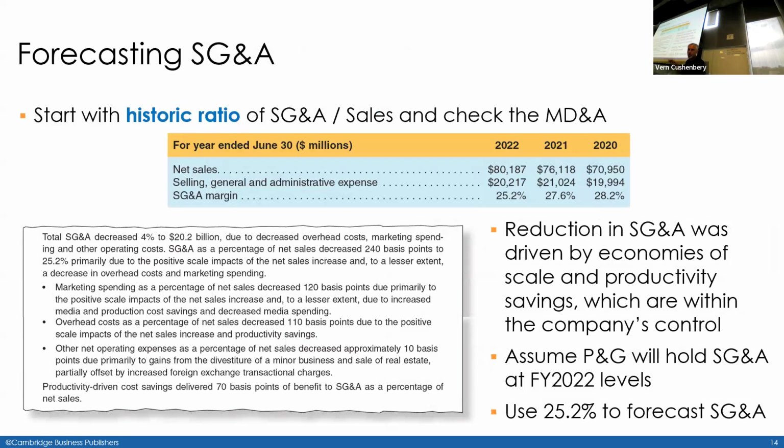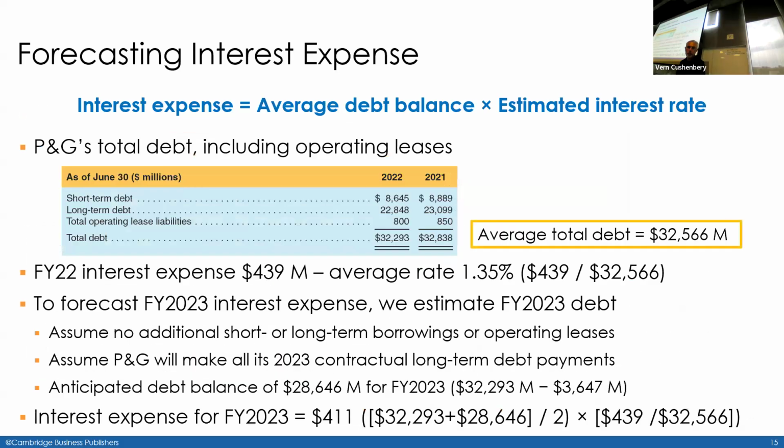SG&A, same comments here. Procter & Gamble does a nice job of giving you some detail behind their selling, general, and administrative expenses. So look for that in your IR materials.